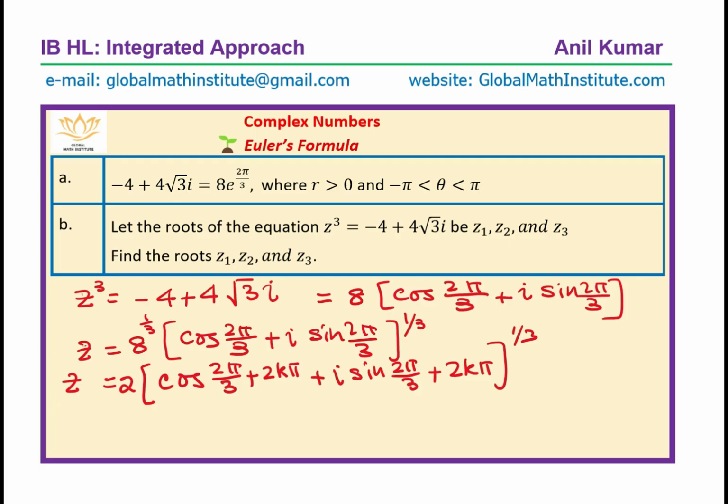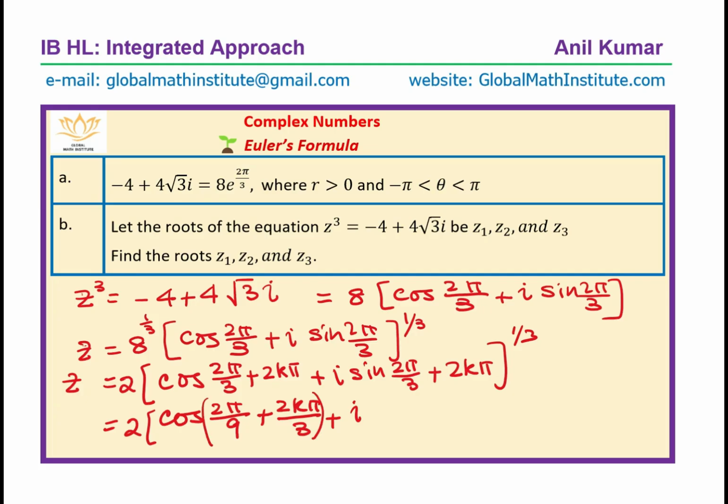Correct. Now, using the formula, we can rewrite this as 2, multiplying everything by 1/3, right? So it will be cos of (2 pi by 3 multiplied by 1/3, which makes it 2 pi by 9) plus 2k pi by 3, plus i sine.